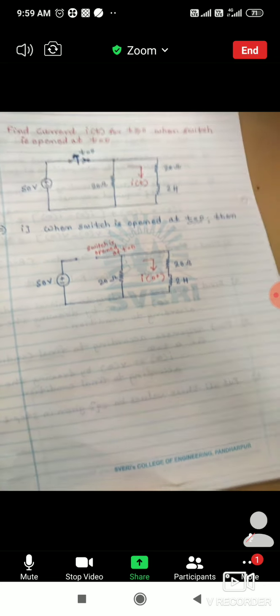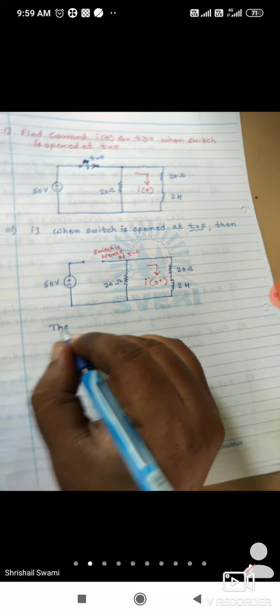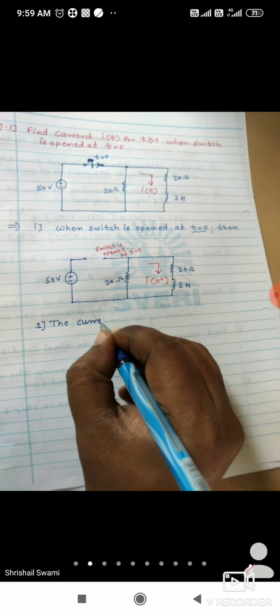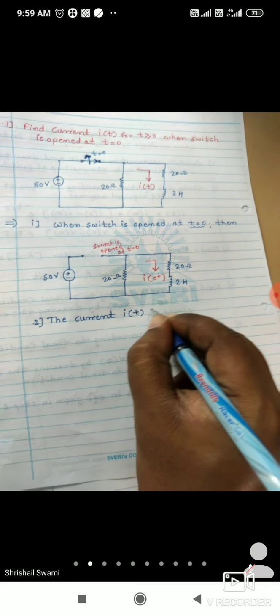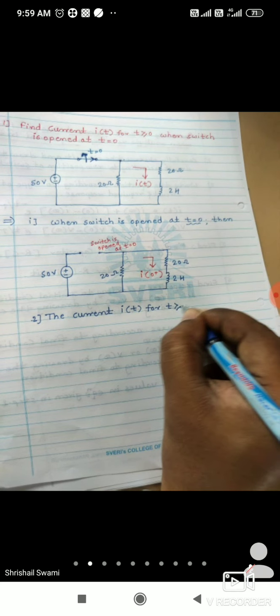So before finding, I will write the equation. They are asking for the current. Therefore, the second step: the current I of t for t greater than or equal to 0.